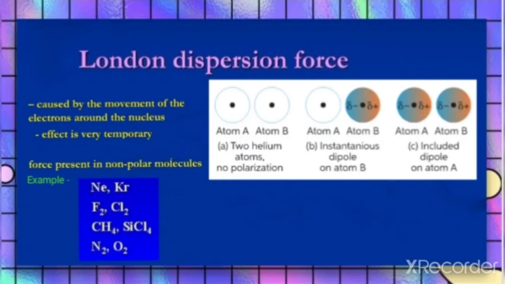So these are the atoms, and the non-polar molecules like fluorine, chlorine, nitrogen, oxygen, methane. So this type of force exists between the atoms, or we can say it exists between non-polar molecules. It is a weak force, that is the London dispersion force.